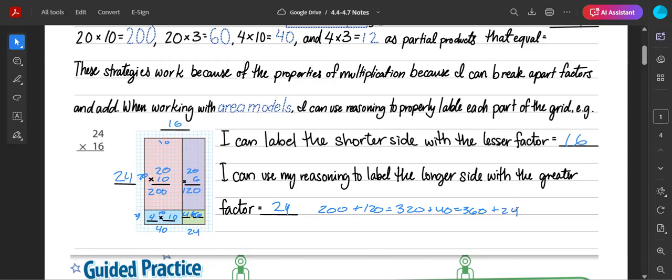And so now 360 will change into 384, because 6 plus 2 gives me 8, and the 4 is not regrouping. So 384.